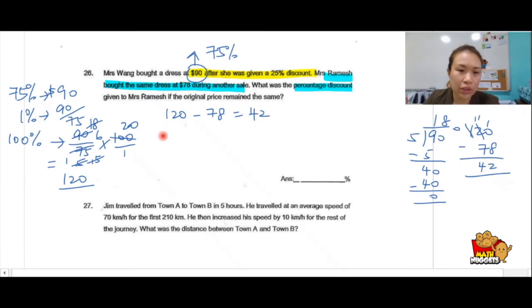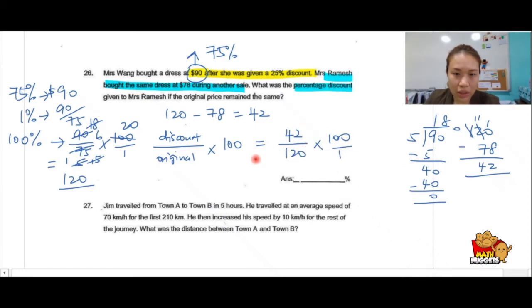So percentage discount will basically be the discount out of the original price times 100. So discount is 42, original price is 120, times 100. Divide by 6, divide by 2, 7 times 5, 35. 35% is the percentage discount.